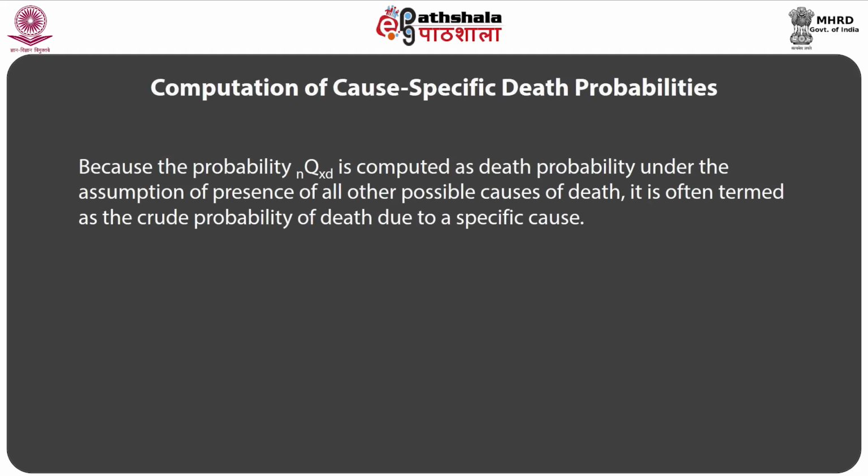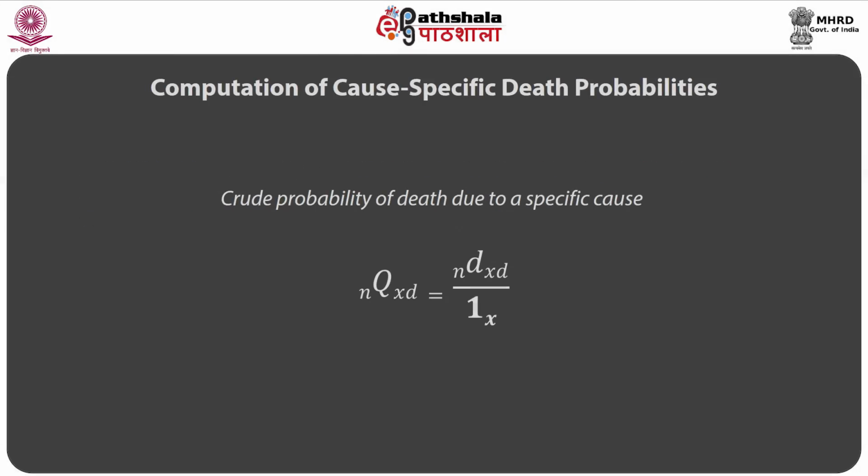Because the probability nqxd is computed as death probability under the assumption of presence of all other possible causes of death, it is often termed as the crude probability of death due to a specific cause. This probability is computed from the life table deaths due to a specific cause as nqxd equals to ndxd divided by small lx.